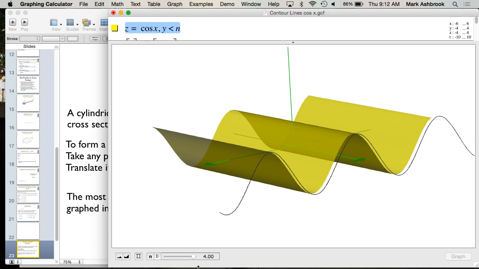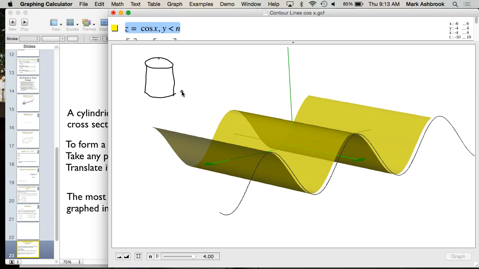When you think cylinder, do you think this?